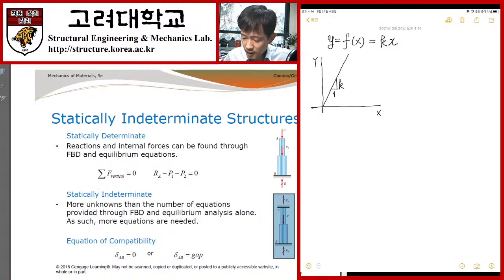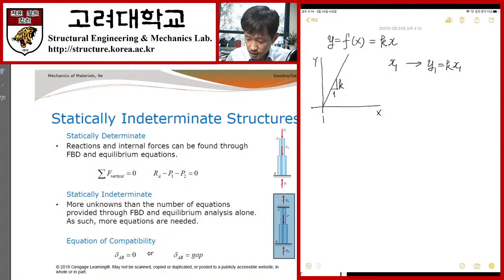Alright, so now the problem is here. I want to consider x1 as the input argument. Then y is equal to k times x1. So the y value corresponding to x1 is equal to kx1, isn't it right? It is really straightforward.